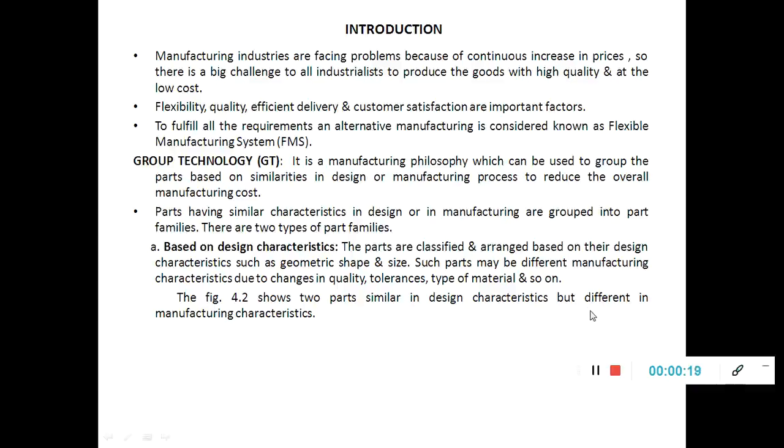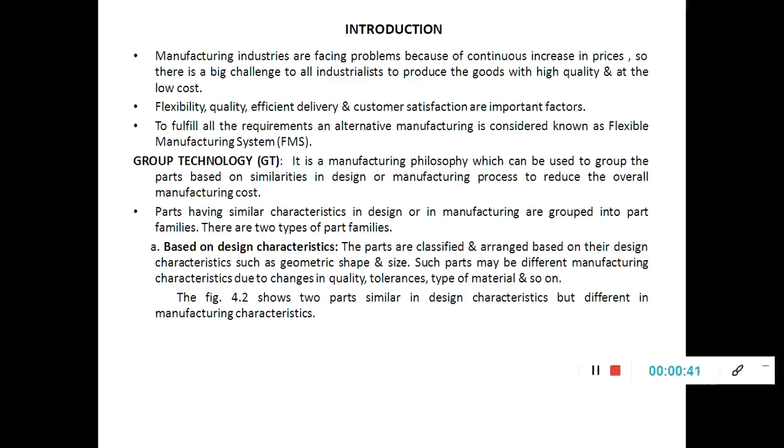Before going to the flexible manufacturing system, one should understand what group technology means. Before that, nowadays manufacturing industries are facing a lot of problems in producing products due to the increase in the prices of raw material. There are many other challenges.